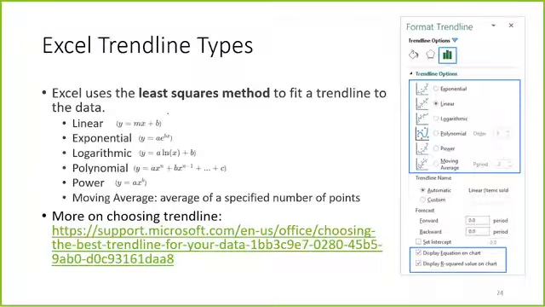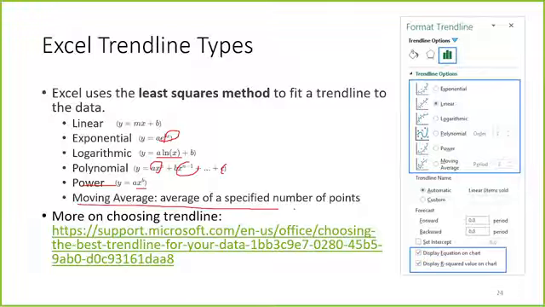But we can also choose other types of trend line: exponential, logarithmic, polynomial. Exponential is e to the something. Logarithmic is ln or log, the same. Polynomial is different degrees of polynomials. And power is x to the power of b.